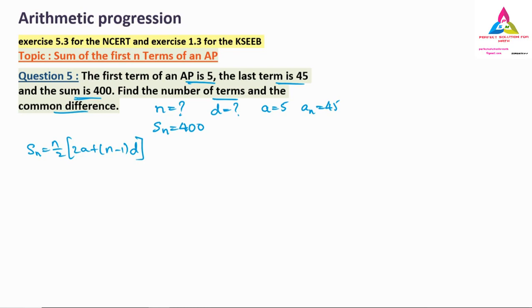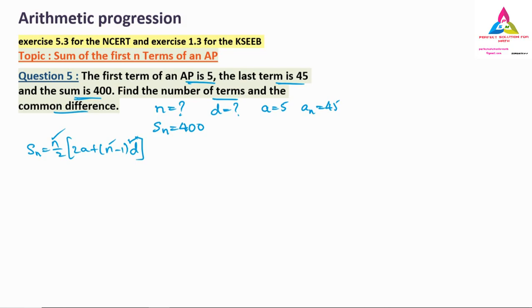If you substitute it, inside we have n, so n into n gives n square, it will become a quadratic polynomial equation. Then we have to split the term and find the n value, and also they have not given the d value. So things are very difficult here. If you go with this formula, lots of calculation is needed.